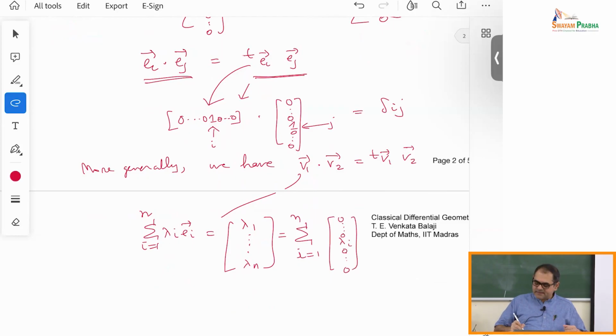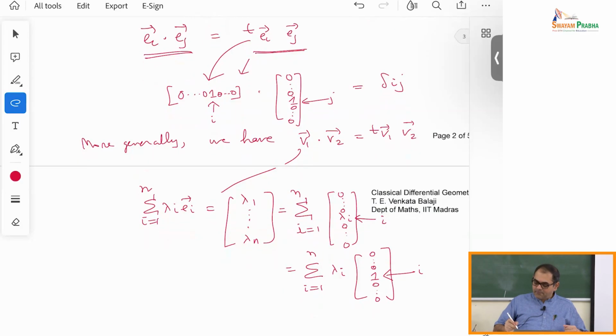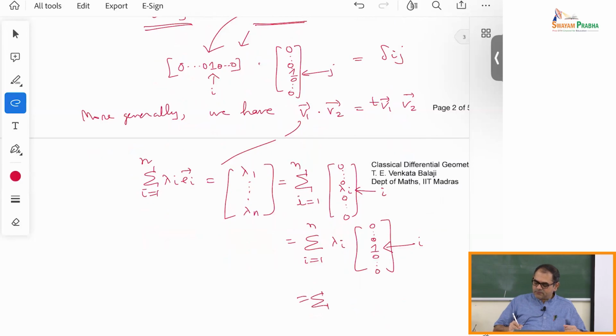This can be written as the summation i equal to 1 to n, pulling the lambda i out, with 0, 0, 0, 1 in the ith position. But this is exactly ei. So this is the sum over i equal to 1 to n of lambda i ei. Similarly, v2 is the sum over i equal to 1 to n of mu i ei.